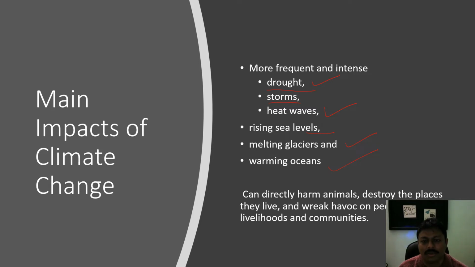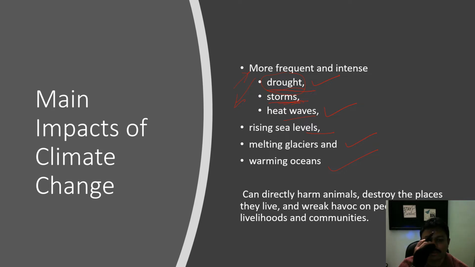If the temperature is rising continuously and rainfall is reducing continuously, drought takes place. For the same reason, due to the massive imbalance in pressure in the atmosphere, storms take place. Heat waves, yes, heat waves. Rising sea level, melting glaciers, all are self-explanatory.